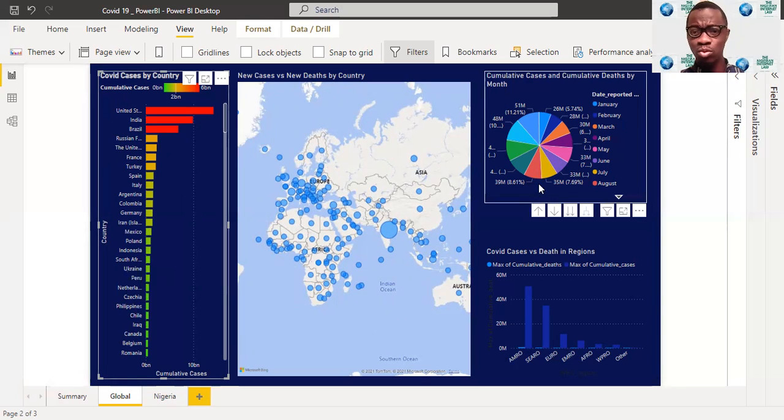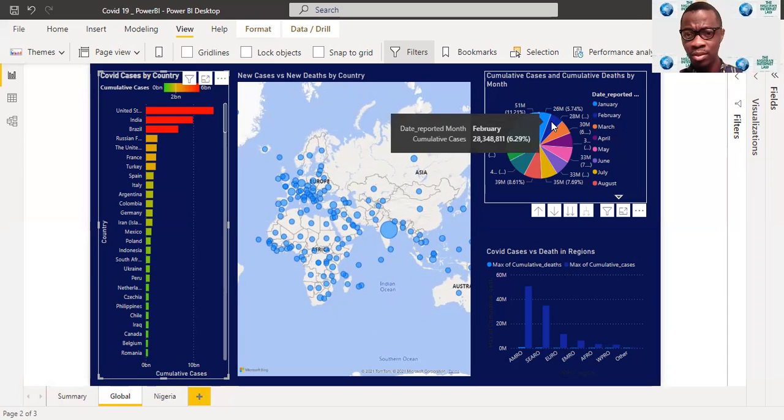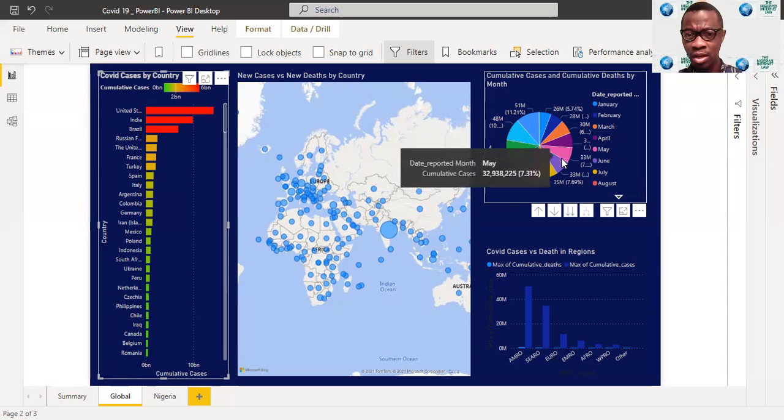All right, so let's also look at this pie chart. Based on the data I sourced from the World Health Organization, it shows us that in January, the cumulative cases, February, March, April, and so on.